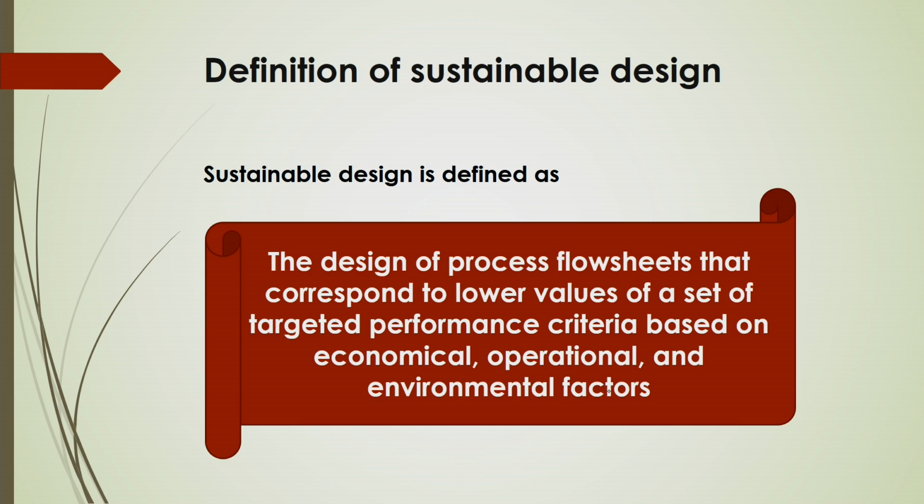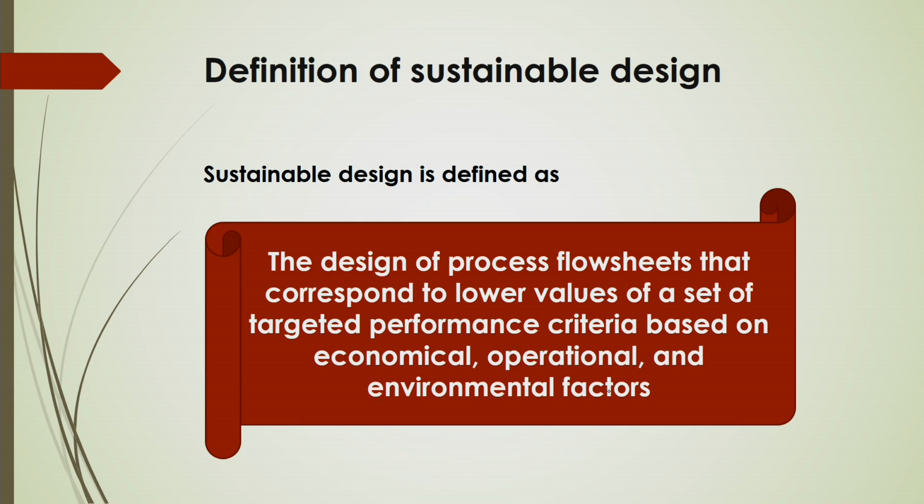Now what is the actual definition of sustainable design? First of all, you have to know the different components to be considered for sustainable design. Based on that, the design of the process flow sheets should be considered, which will correspond to lower values of a set of targeted performance criteria, and based on those criteria, economical, operational and environmental factors are to be considered.